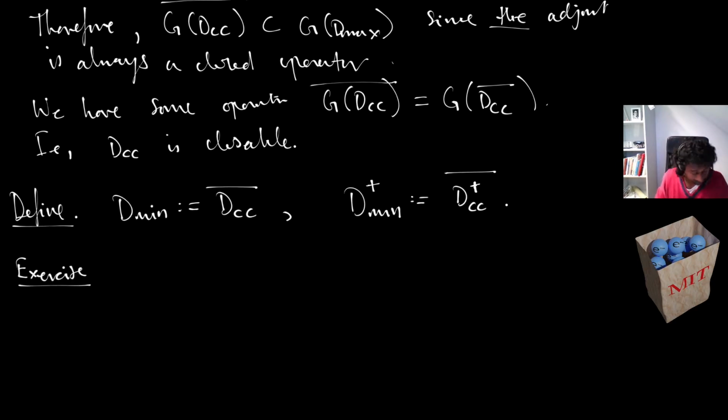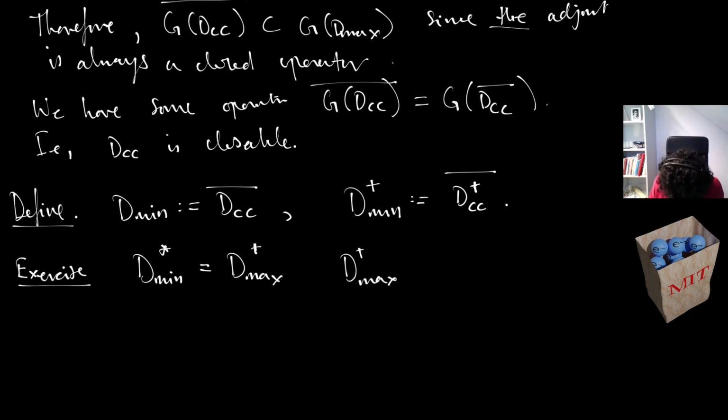I'll just leave it as an exercise, that D min L2 adjoint is exactly equal to D max dagger, and D max dagger adjoint is equal to D min. Okay, so these are the relations that you have of the adjoints.